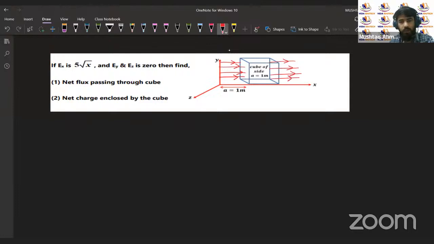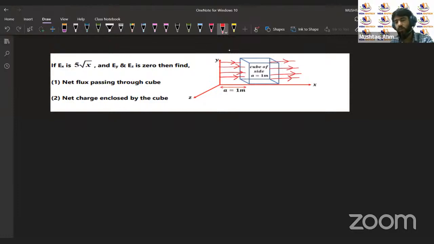So the electric field lines enter this surface on the front. The electric field leaves the surface at the back, right? And we know that there are six surfaces for the cube, six sides of the cube, and we can say that only through these two surfaces the electric field will be passing. So flux will be only associated with these two surfaces, right?